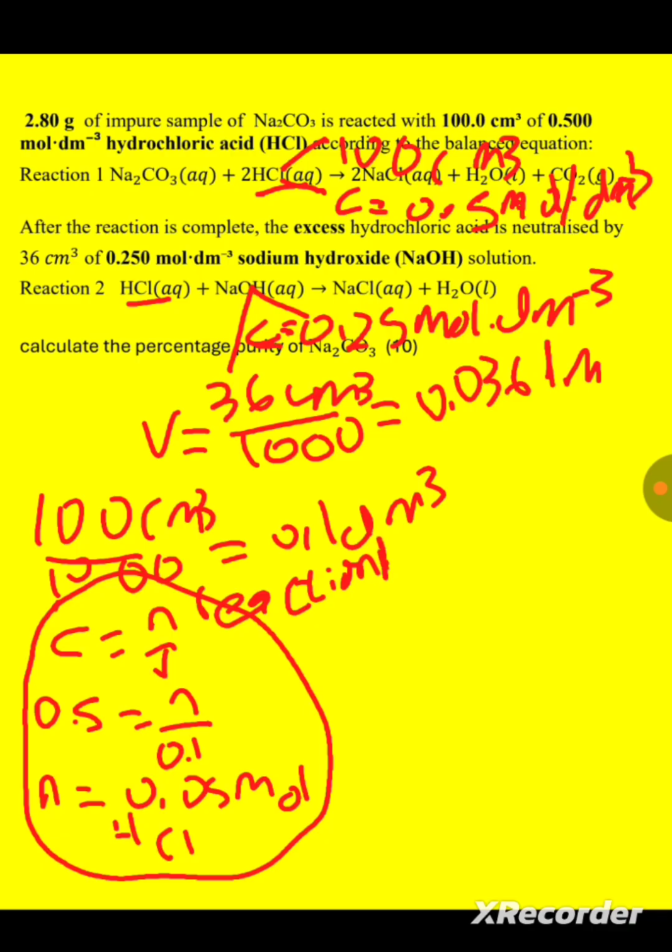Then from reaction 2, we are given this information about the NaOH. So I'll get the number of moles of NaOH first. I'll say concentration is equal to number of moles over volume.